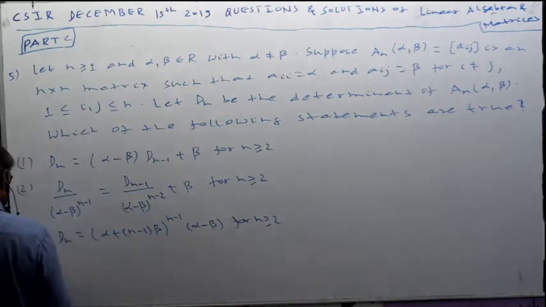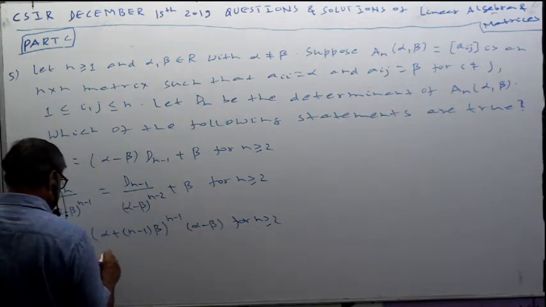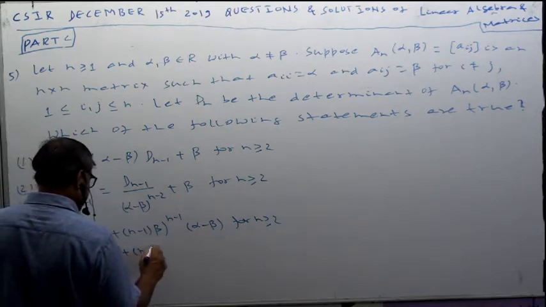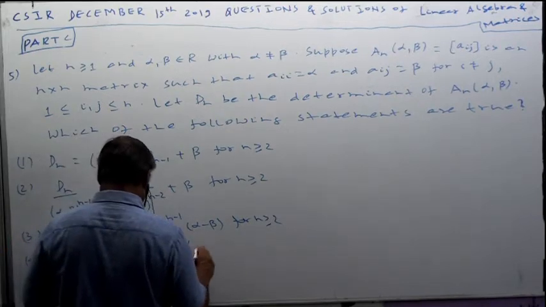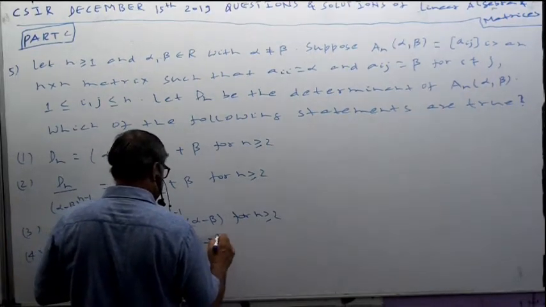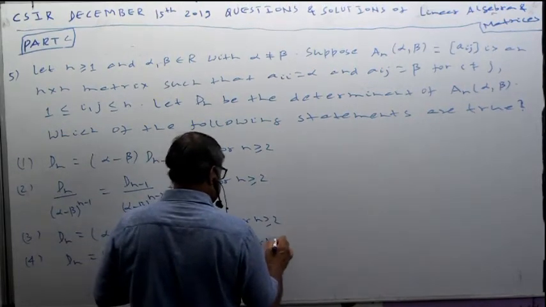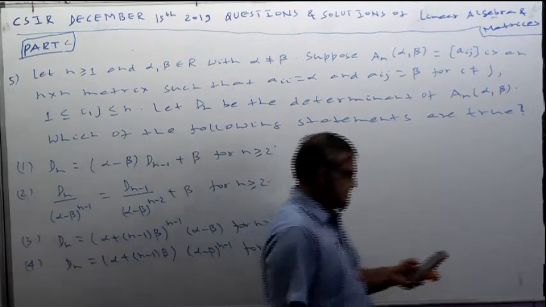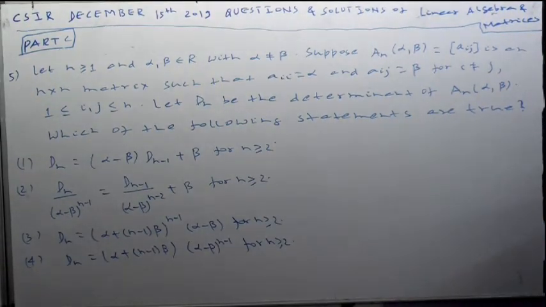Fourth, Dn equals (alpha plus (n minus 1) beta) into (alpha minus beta) to the power n minus 1 for n greater than or equal to 2. These are your 4 options. Any doubt?